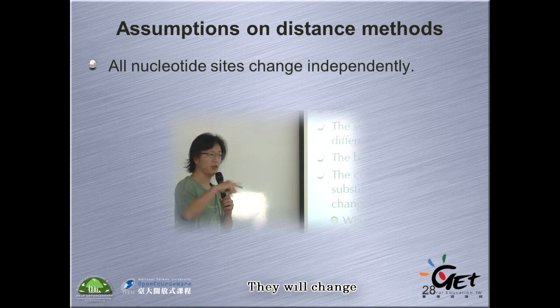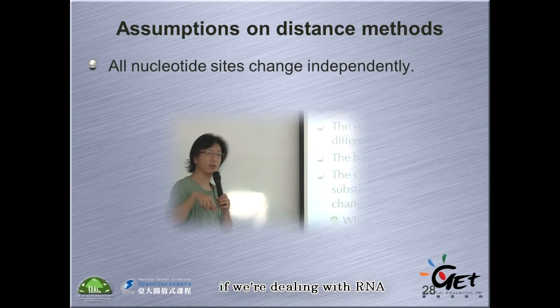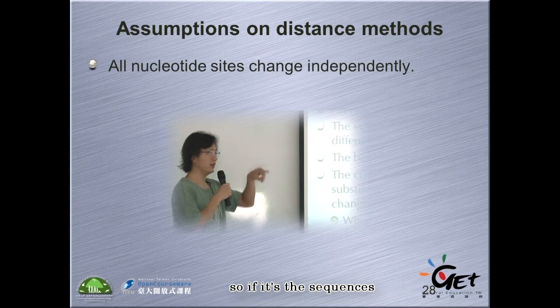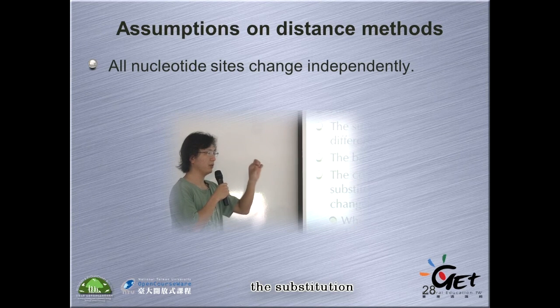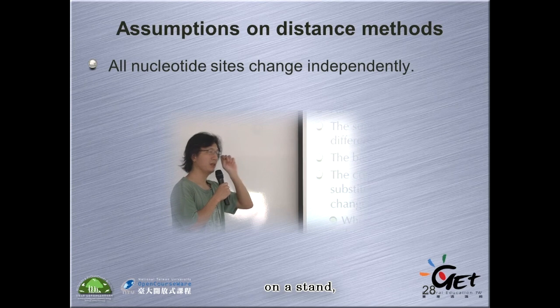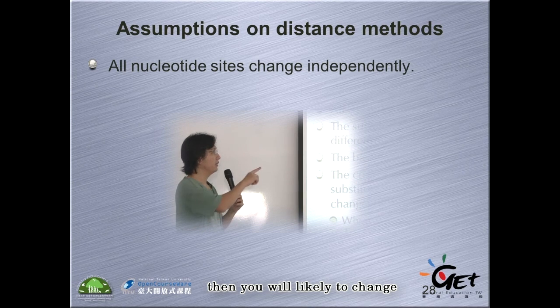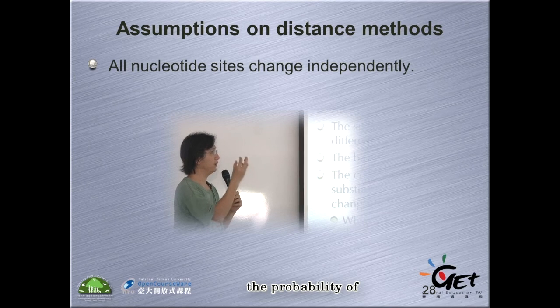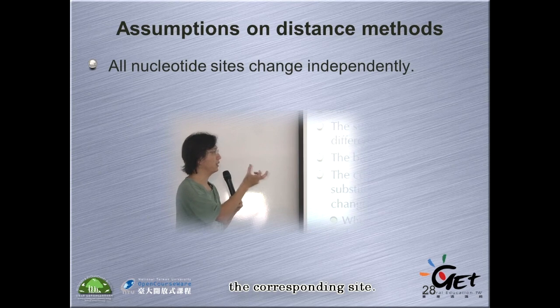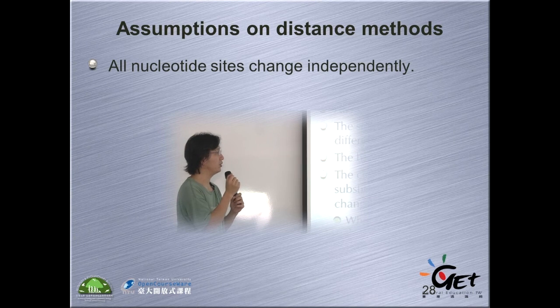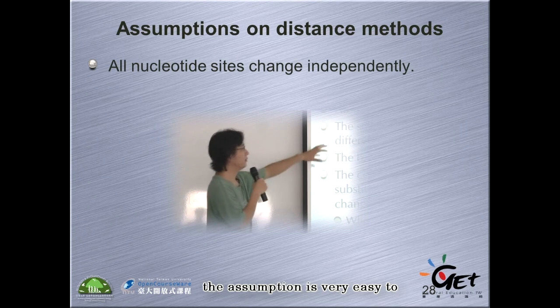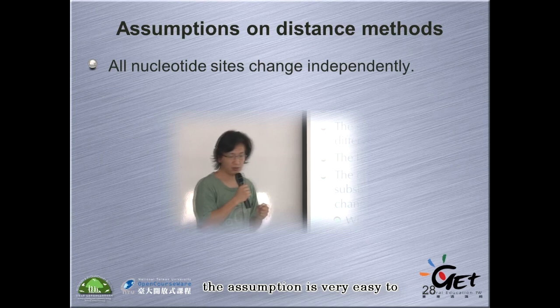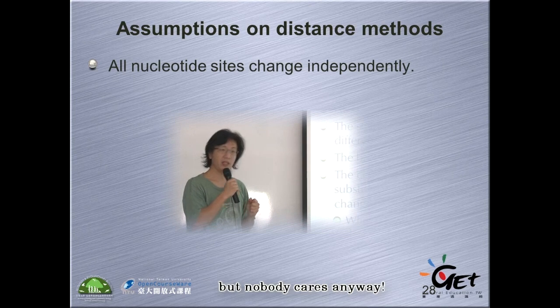They will change according to the loop structure. If you're dealing with RNA, there's a sequence structure. So if a substitution is on one side of the stem, then the probability of change at the corresponding site would likely change. So the assumption is very easy to violate, but nobody cares.